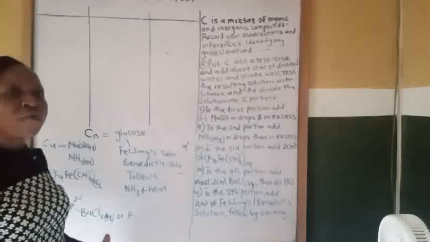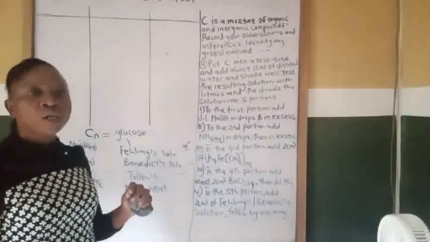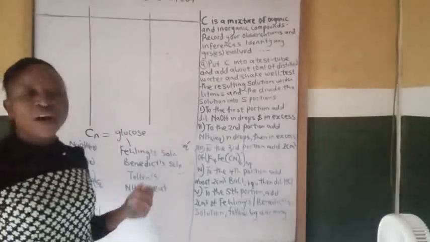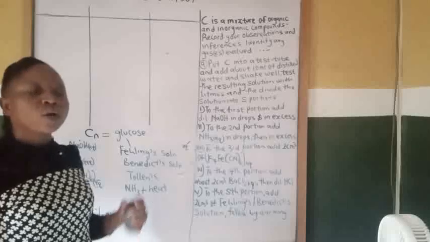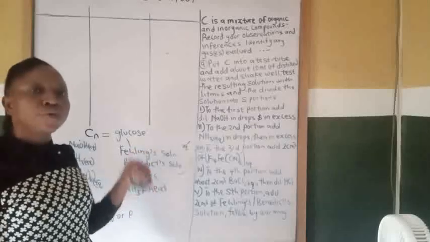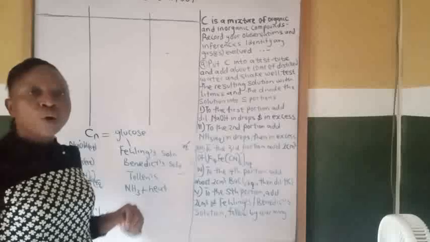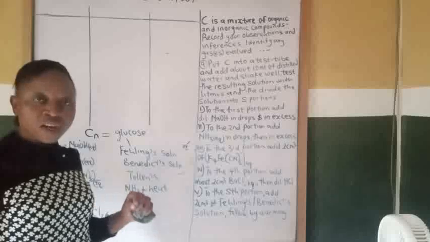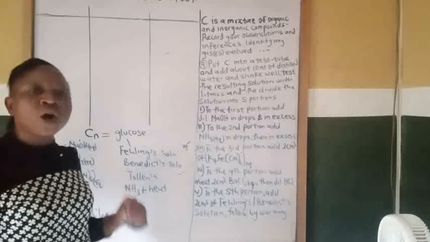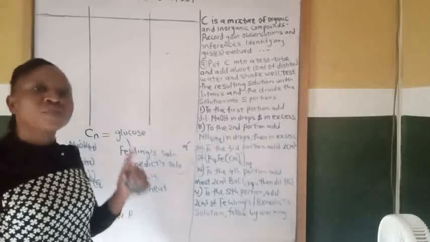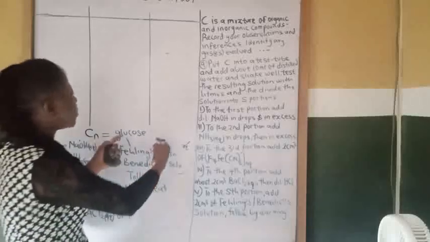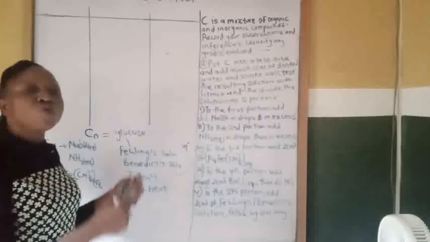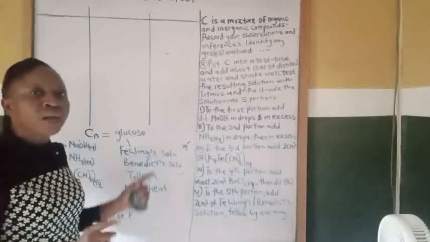Copper sulfate is light blue, while glucose is white. When glucose dissolves in water, it gives a colorless solution, like the color of water. When copper sulfate dissolves in water, you have a light blue solution. The two of them are soluble compounds, so they will dissolve in water without any precipitate.